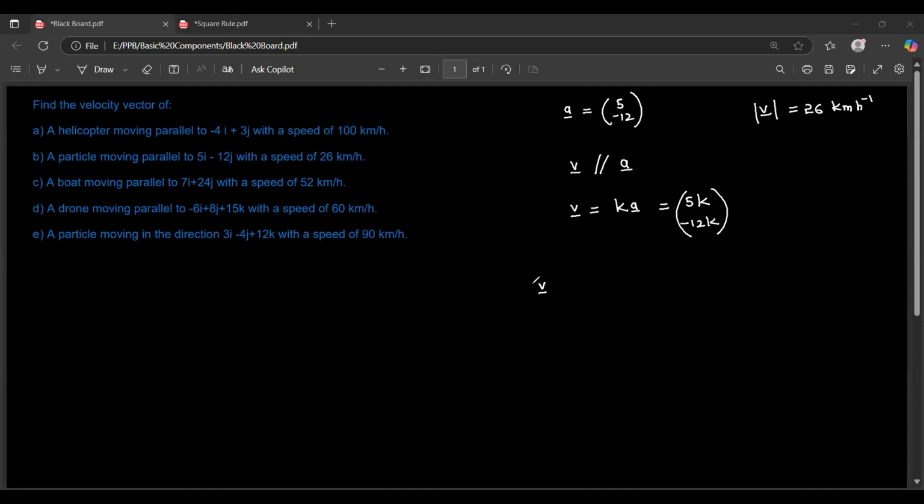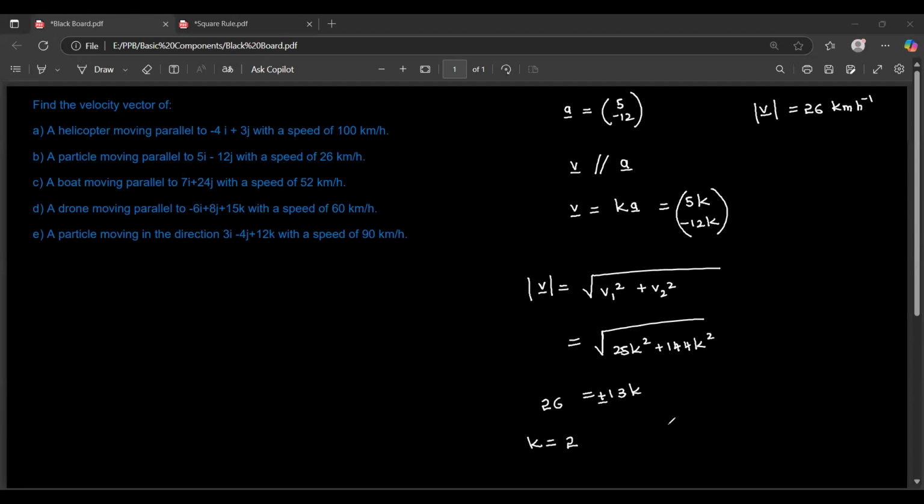So I can find the magnitude of v, which is the square root of v1 square plus v2 square. That is 25k square plus 144k square, which can be given as plus or minus 13k. That is equal to 26 kilometers per hour, so k can be 2 or k can be minus 2.